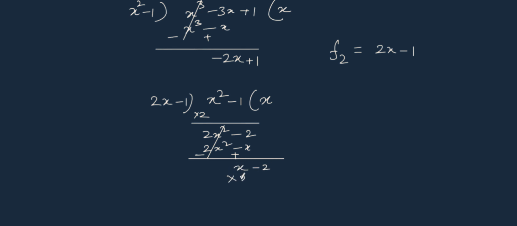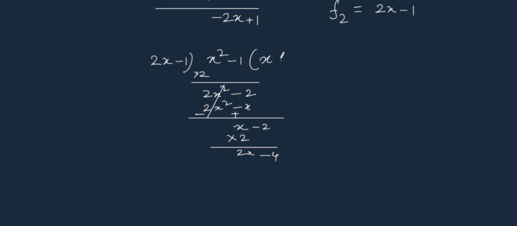Again multiply this by 2, we will get 2x minus 4. So plus 1 will give 2x minus 1. Change its sign, this will get cancelled, and this is 3. So 3 is the last remainder and we have to change its sign as well. So f3 is nothing but 3.